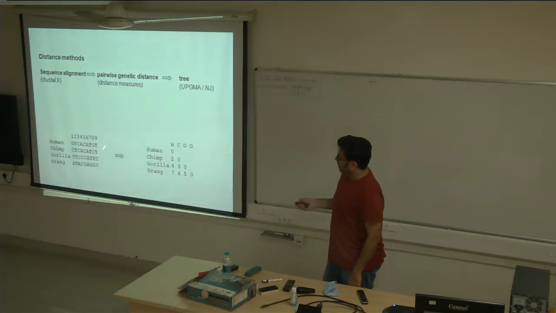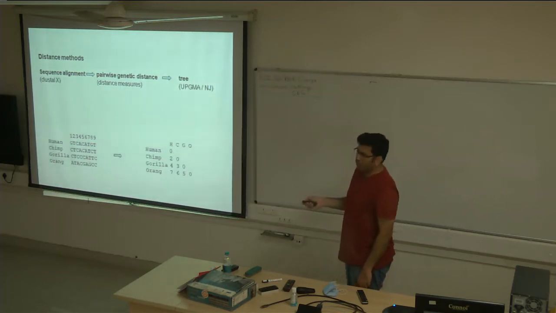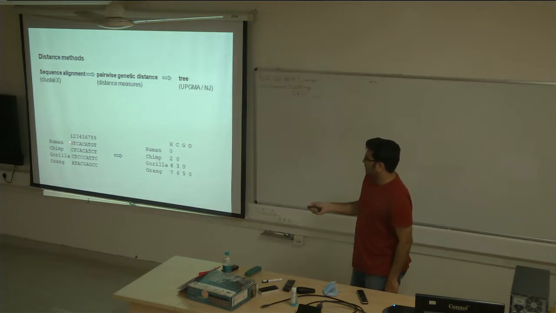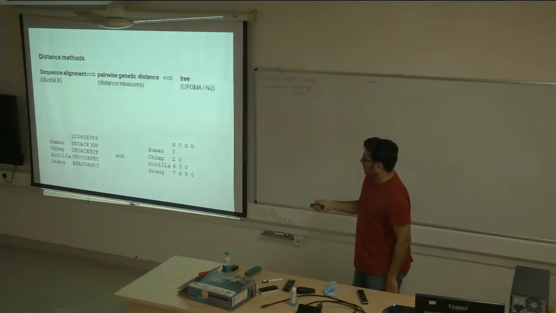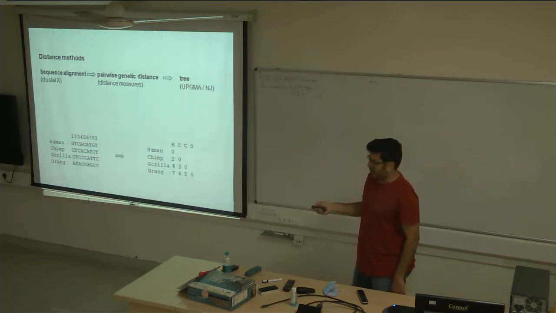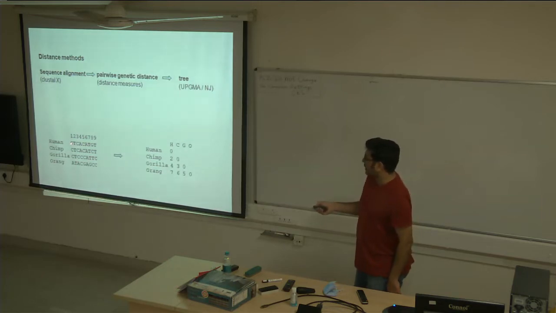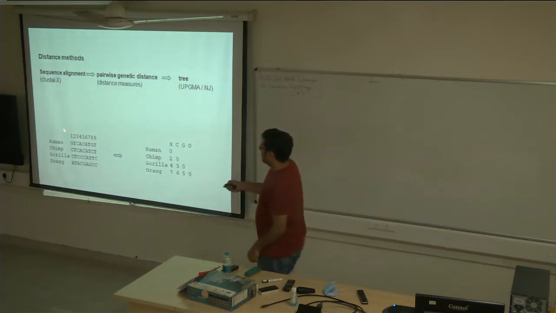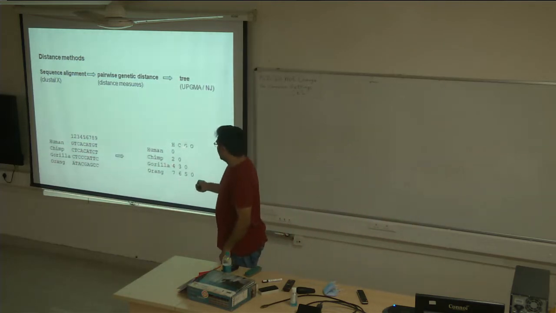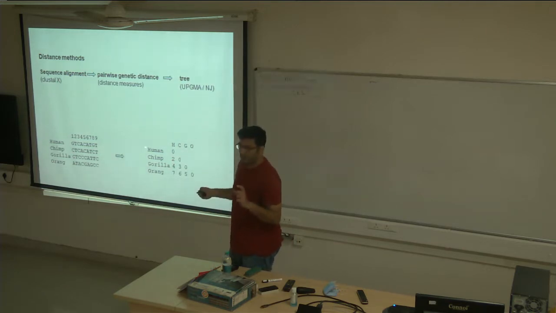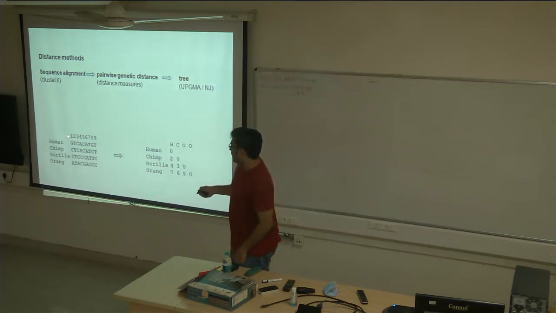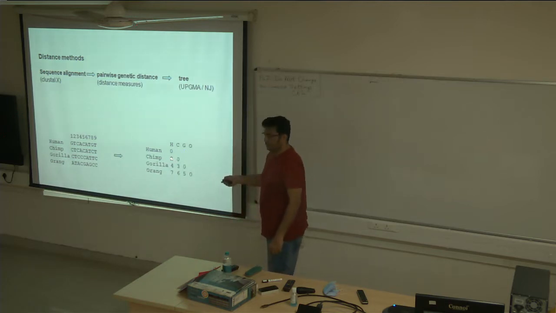Here is a small example of 4 taxa, 4 species, with a sequence alignment of 9 base pairs. From here we calculate the difference between each pair of species. You take two taxa, let's say human and chimp. The difference between human and chimp is 2.